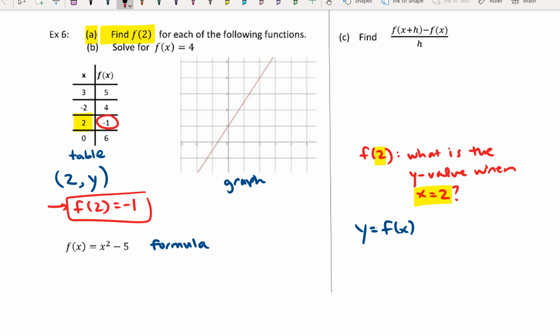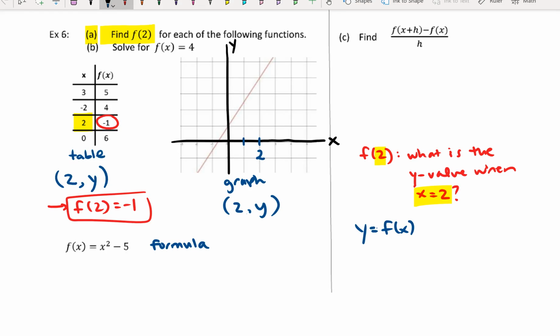Now, if we're looking at the graph form, we can view this as, again, what happens when x is equal to 2. So I'd like to use the ordered pair. We'll find what our y value is. And so if you can view with me, I know it's a little light, but the axes, I have an x-axis over here, and I have my y-axis over here. And we care about what happens when x is equal to 2. So I'm going to find that on the x-axis, 1, 2.